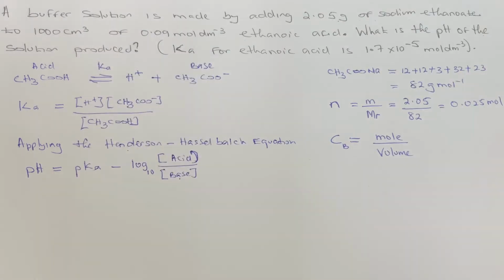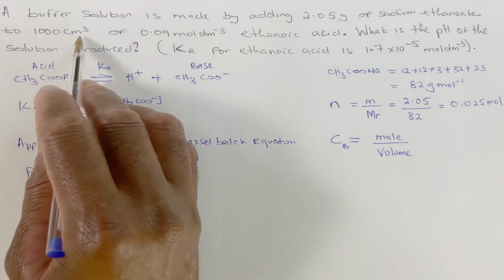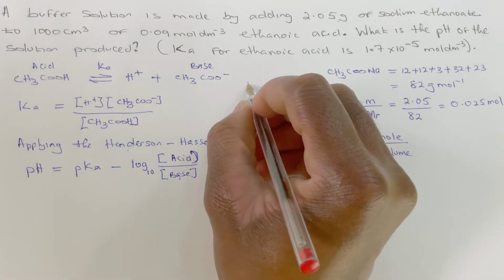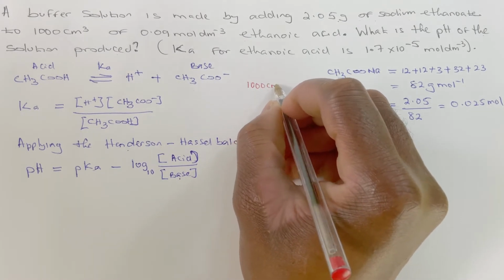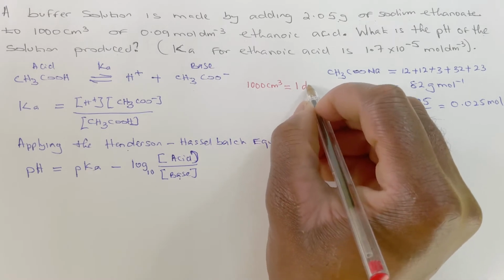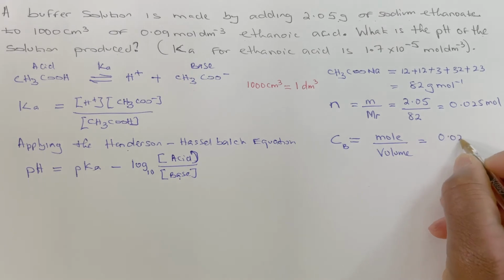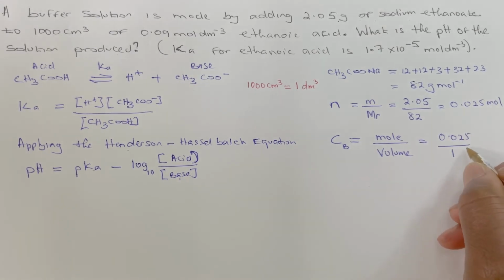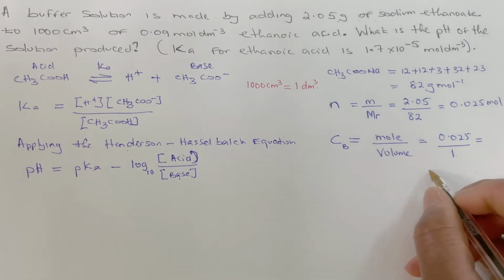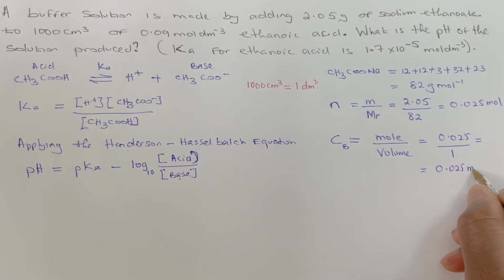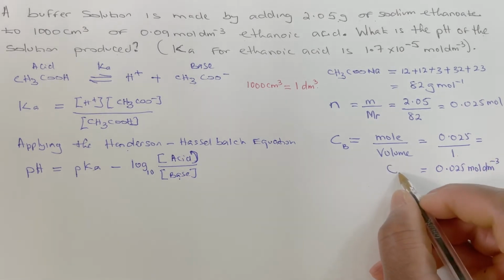And the volume we're talking about is 1000 cm³, and we know that 1000 cm³ is equal to 1 dm³. That means I've got my moles, 0.025, over 1, because it has to be in dm³, and the answer will be 0.025 mole per dm³. So that will be the concentration of the base.